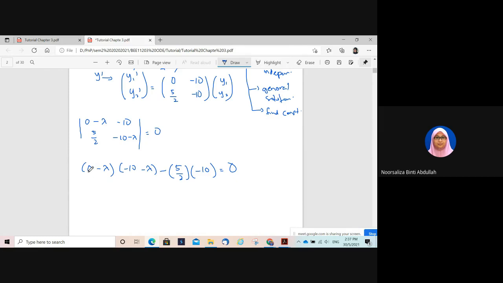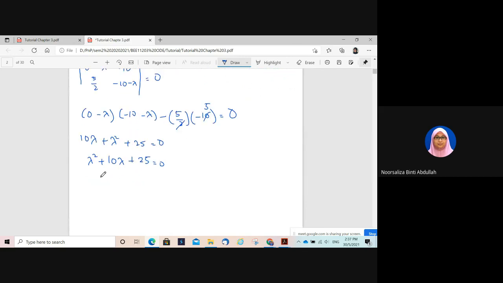Here you have 10 lambda plus lambda square plus 25 equals to 0. So you rearrange this quadratic equation, you will get lambda square plus 10 lambda plus 25 equals to 0. And then you can use your calculator. Here you have lambda plus 5, lambda plus 5 equals to 0, so your lambda is equal to minus 5. Right? Lambda 1 and lambda 2 equals to minus 5.